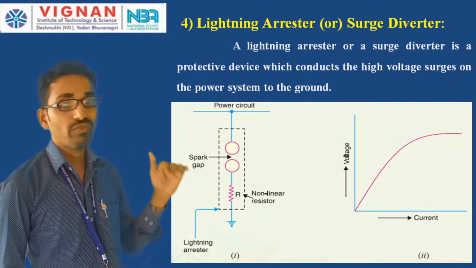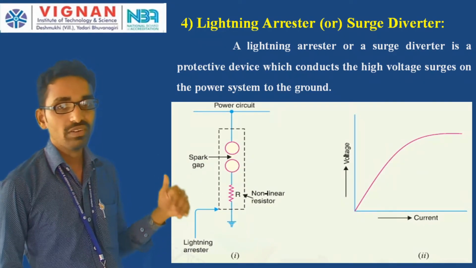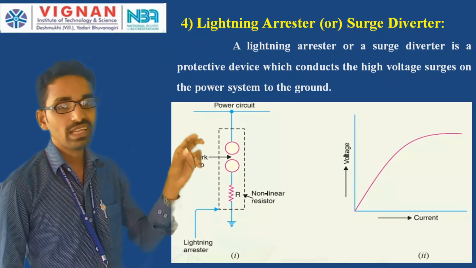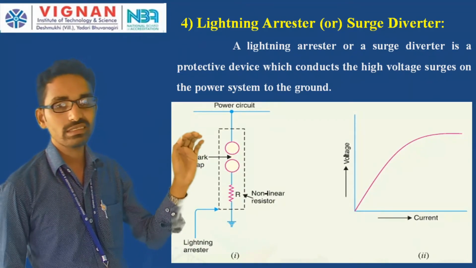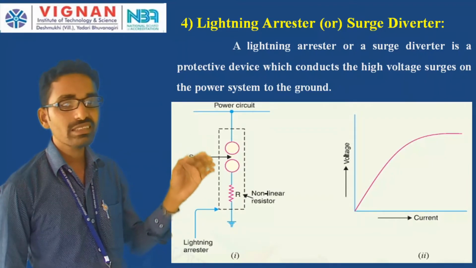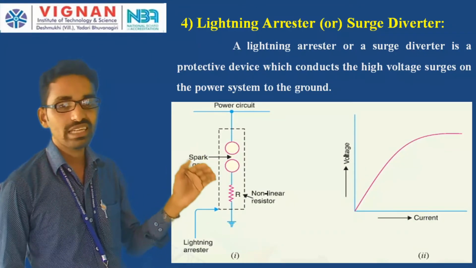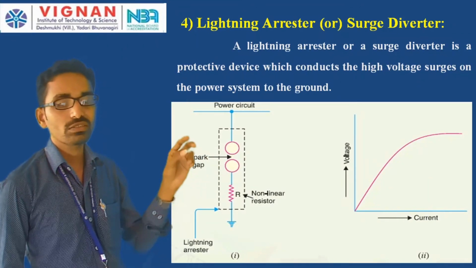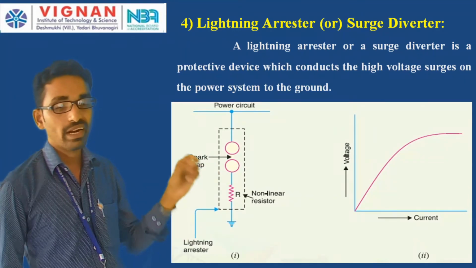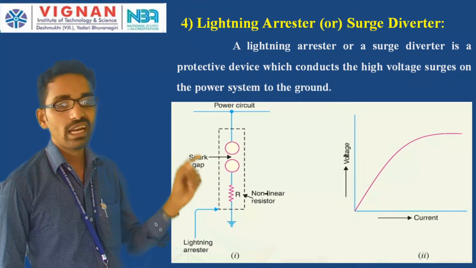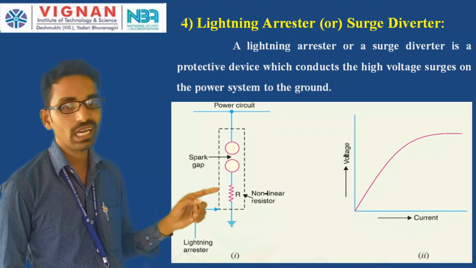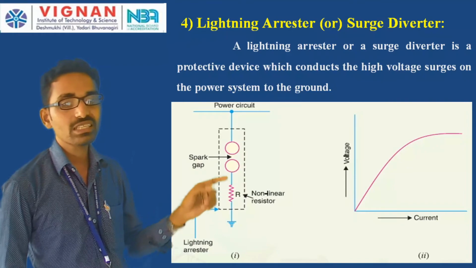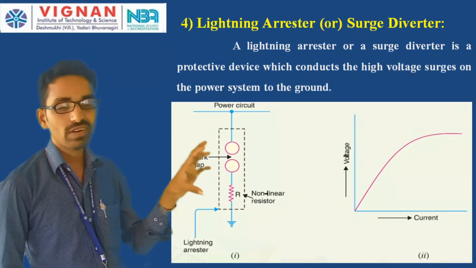But whenever you have a lightning surge, and the lightning surge falls on the power circuit or the line conductors, then the dielectric medium in the spark gap is destroyed, and the insulation flashes over between the spark gap, which then provides a low resistance path. So that is the working of the spark gap.